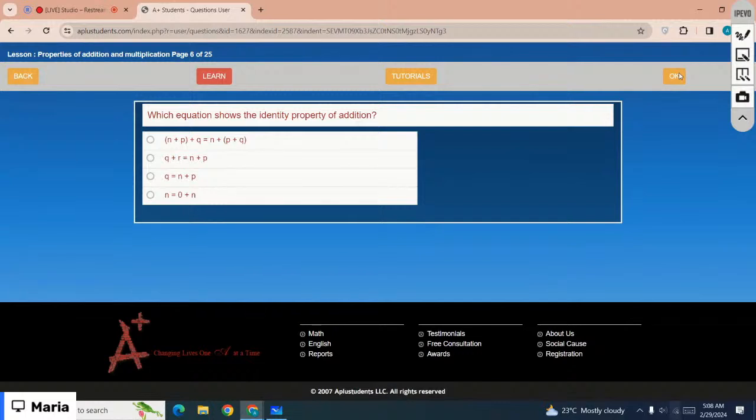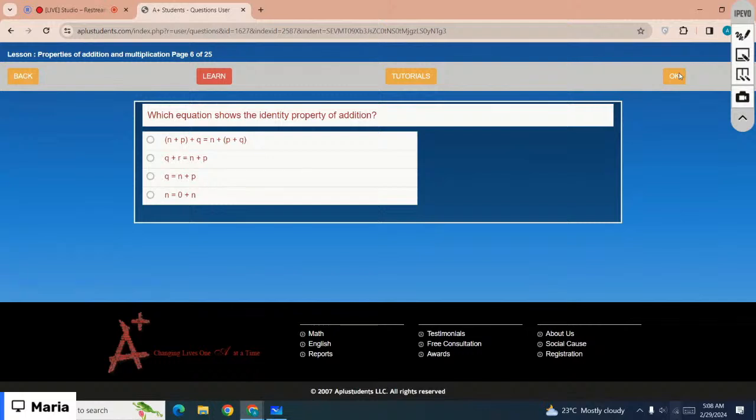Which equation shows the identity property of addition? That is n equals 0 plus n, right? The last one is the correct option.